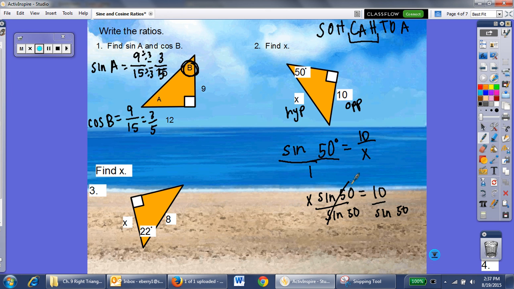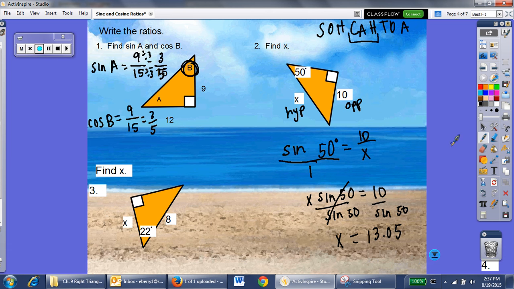So that cancels out, and we get x equals 10 divided by the sine of 50. So typing that into your calculator, you should end up getting 13.05. And again, keep in mind 13.05, this is the length of the hypotenuse.